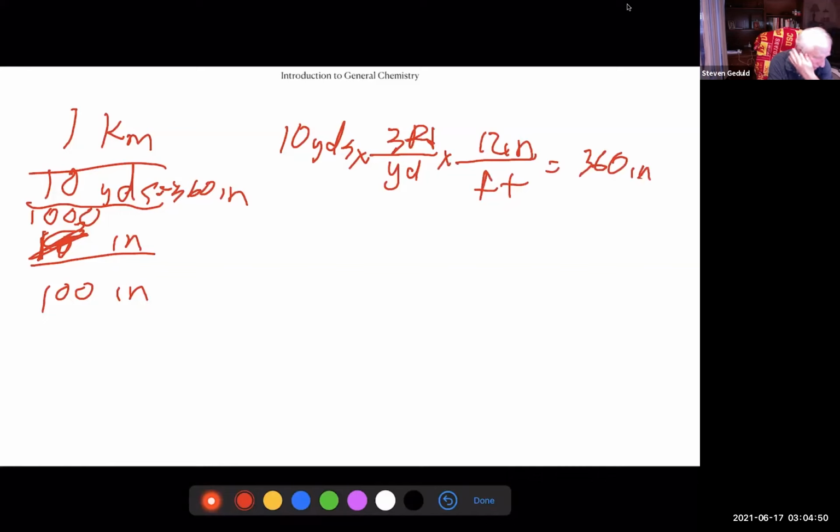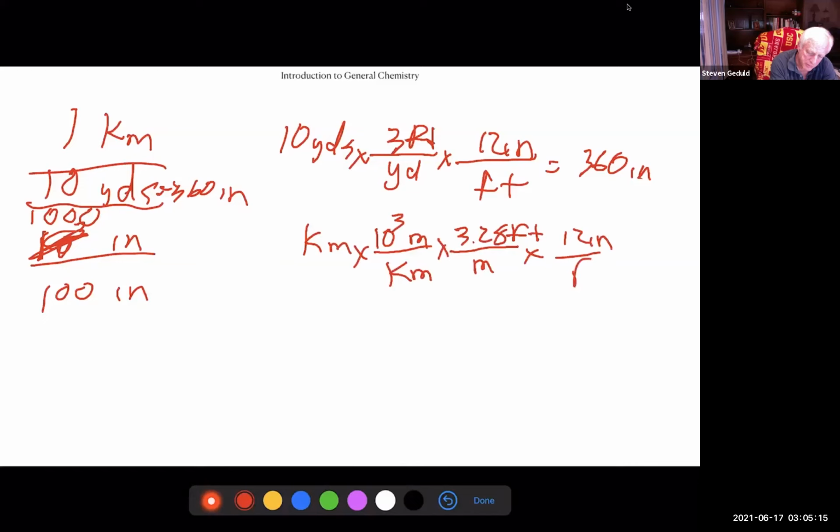Okay. Now, a kilometer is 0.6 of a mile, right? Well, let's convert it just to be on the safe side. So a kilometer, we're going to go with kilometer. Kilo means 1,000, so 10 to the 3 meters. There's 3.28 feet in a meter, and there's 12 inches per foot.